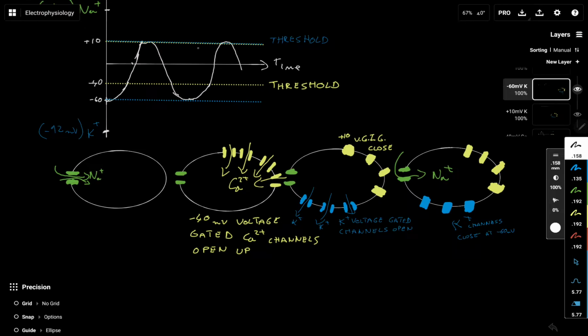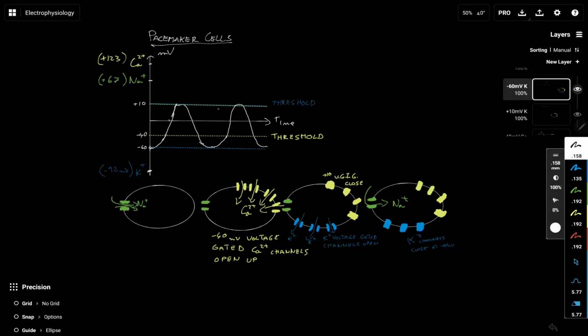Calcium's going to close, and we're going to go back down to minus 60, and so on and so forth. What we have here is the generation and propagation of my action potential in a pacemaker cell. Let's not forget this: from here to here equates to 1 heartbeat.